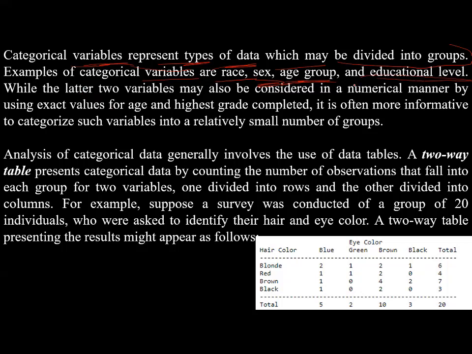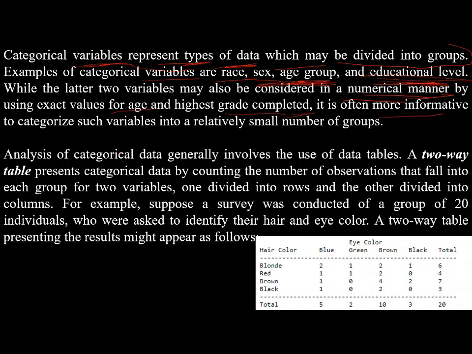While the latter two, that is age group and education level, may also be considered as numerical, by using the exact value of age or highest grade completed and all.